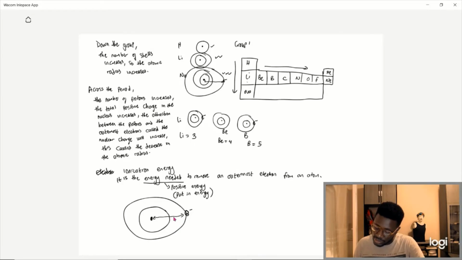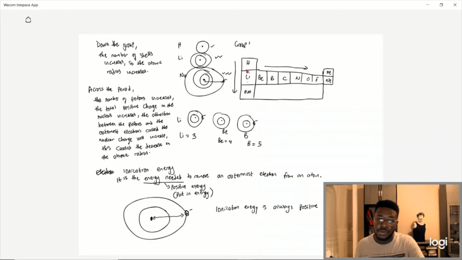So that means our ionization energy is always positive. Well, for neutral atoms, at least.